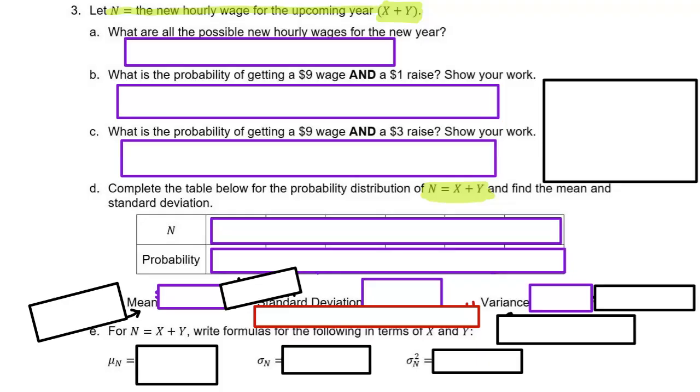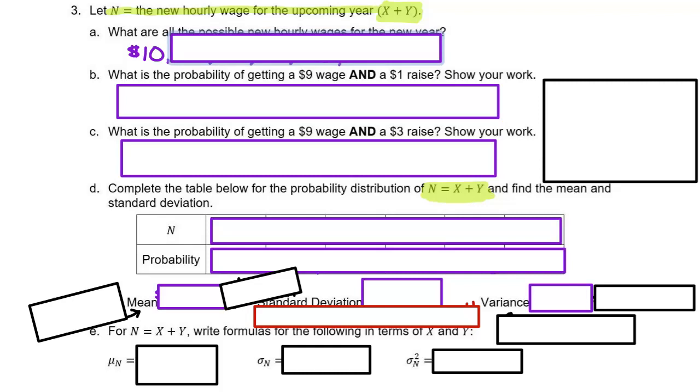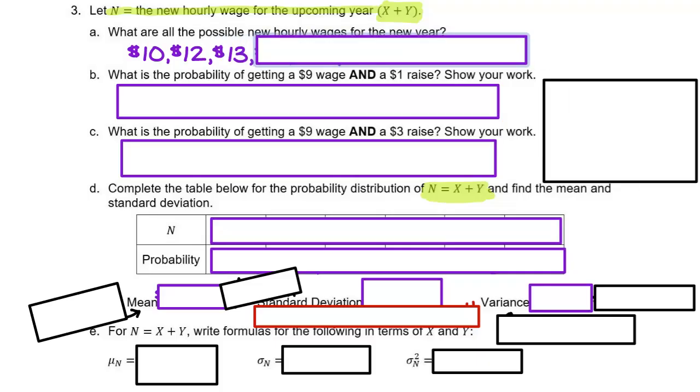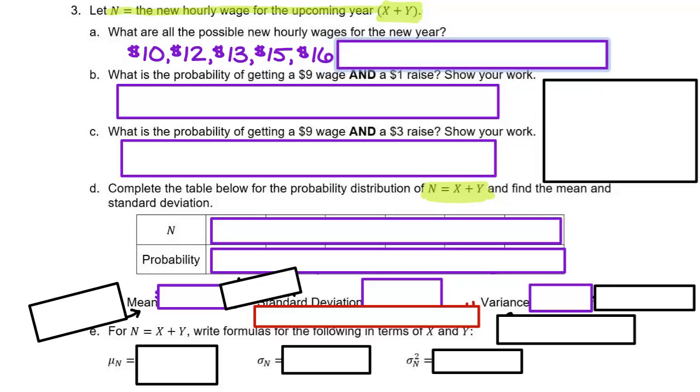We're going to make a list. 10. Why 10? 9 plus 1. They were making $9 an hour and they got the $1 an hour raise. So 10 would be the smallest number on my list. 12. 13. 15. 16 and 18.